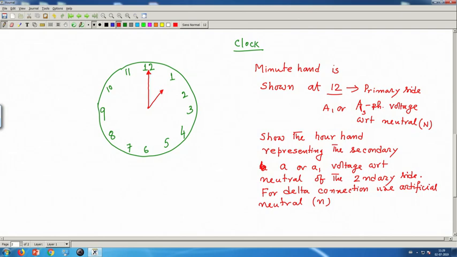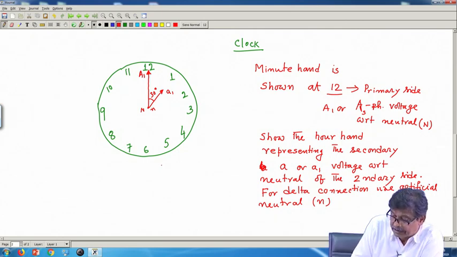Because we have seen that secondary voltage is doing this. So, this minute hand, which is bigger, is capital A1 N and this is small a1 n. I should not write this, but I am writing. You should not be under the impression that if I write like this, I am meaning capital N and small n are shorted. No, it is just two separate things, because two neutrals are located at different positions and they are not connected electrically, but just to indicate what this means. Anyway, this is the thing.